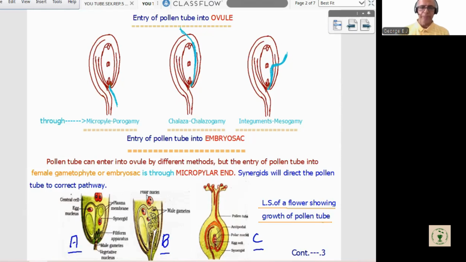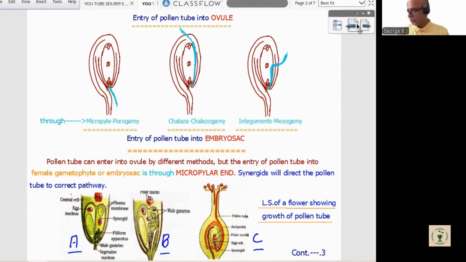The third one is an LS, longitudinal section, showing how the pollen tube grows. That is also NCERT. So three diagrams, very prominent from the exam point of view, both theory and entrance. The third one is usually asked in the theory exam also. I think the three diagrams are clear. Try to label or learn how to label these three diagrams.